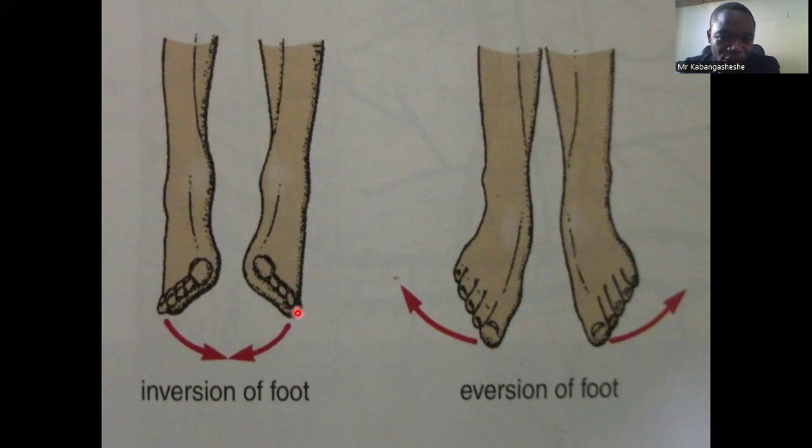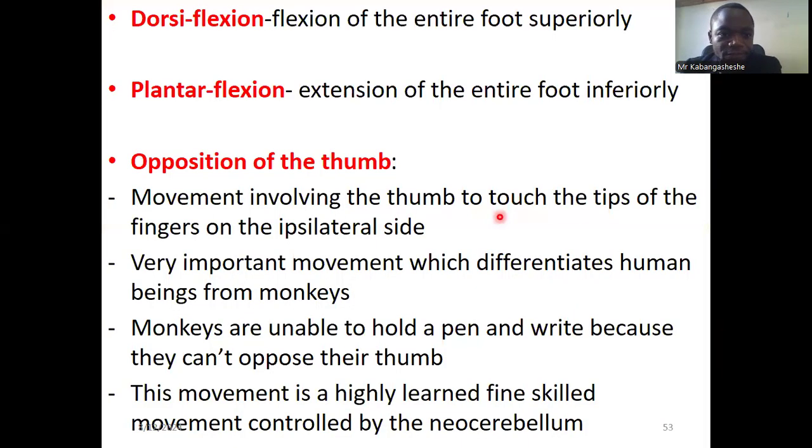So that stepping motion, you're accelerating, you're applying pressure on the pedals of the vehicle. That is called plantar flexion. Then when you're withdrawing your foot from the pedals of the vehicle, that is called dorsiflexion. You are moving your foot away from that pedal. Then you're applying pressure on the pedal, that is plantar flexion.